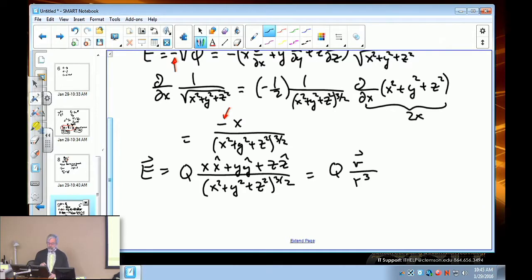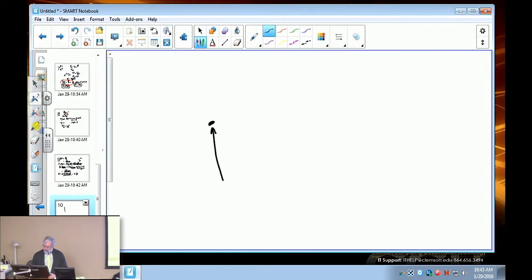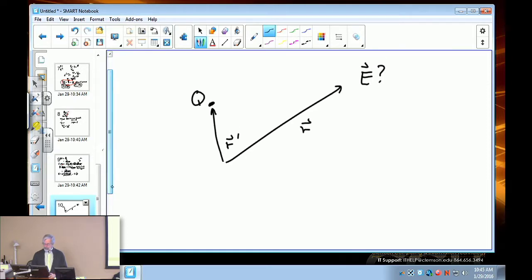But it is a good chance for us to go back and review something here, because we need to remember this. If I have a charge Q at position r prime and I want to know what is the electric field over here, the recipe is very simple.